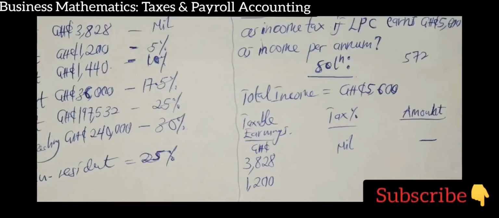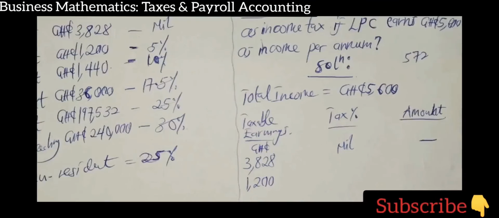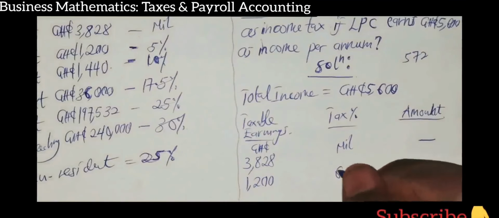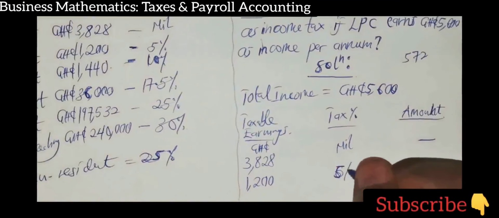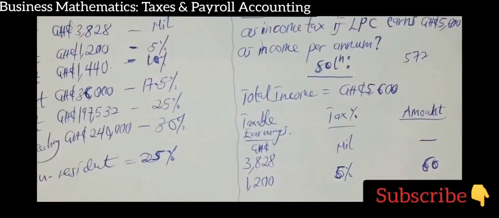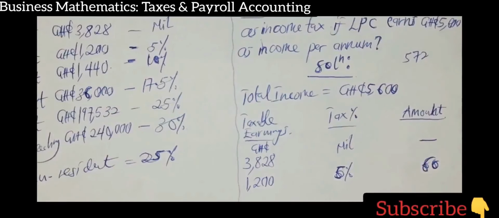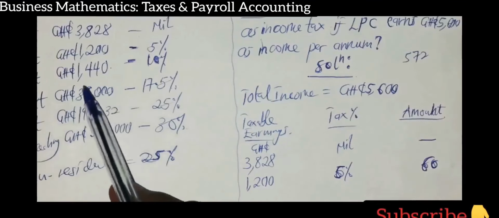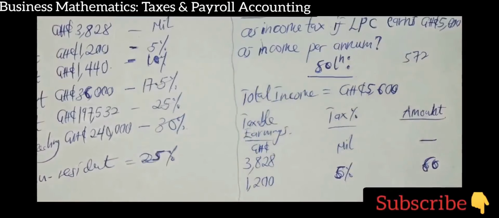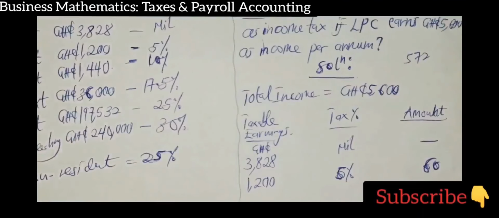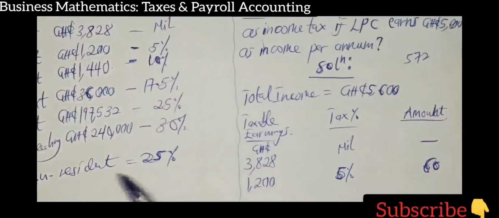So 1,200 multiplied by my 5% gives 60. The next band, which is 1,400, is more than the remaining 572, so the 572 falls within that range.